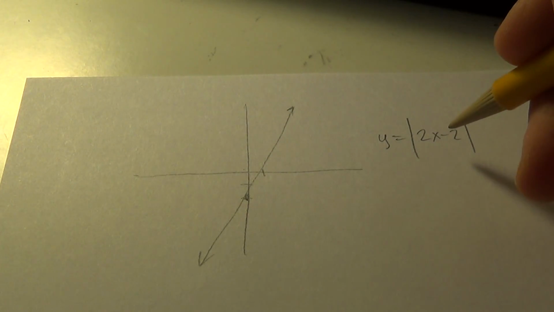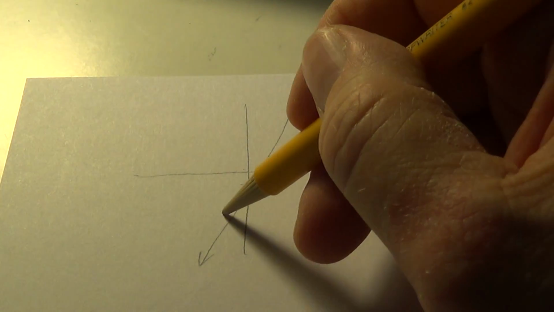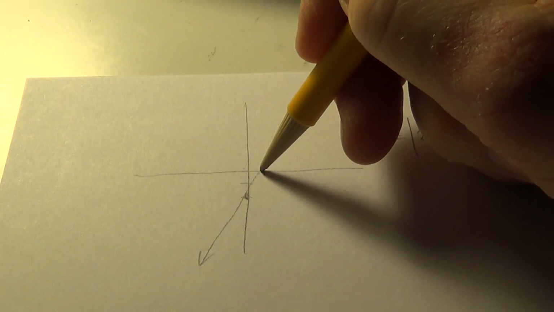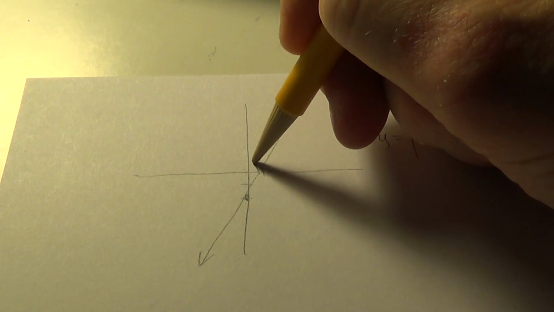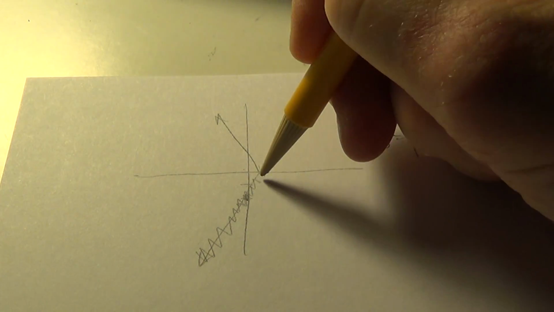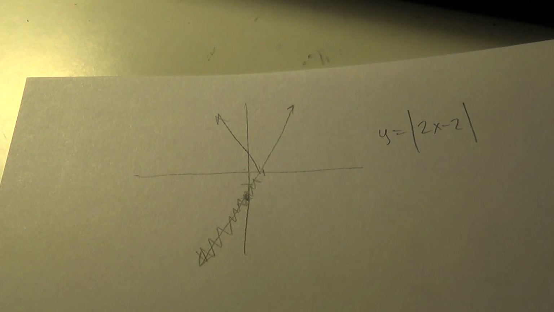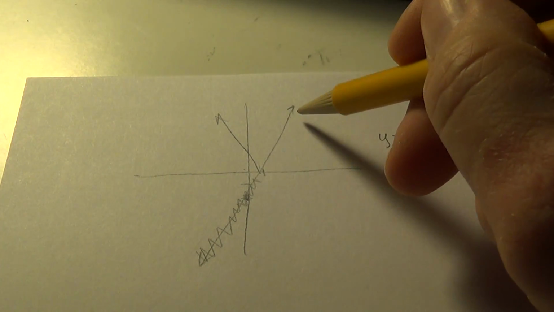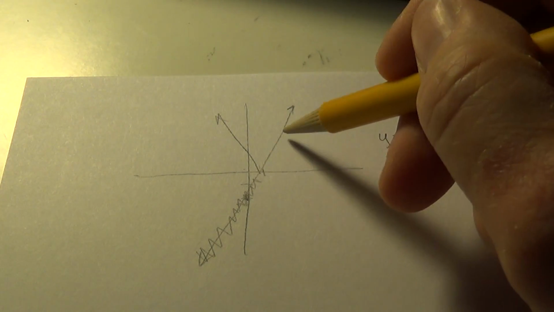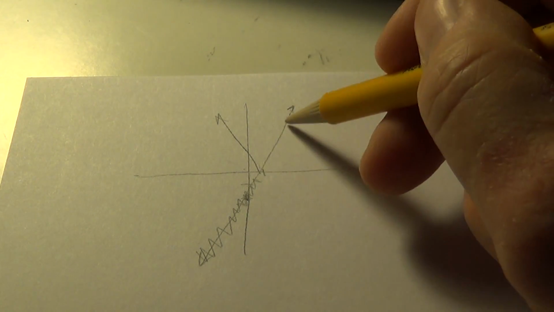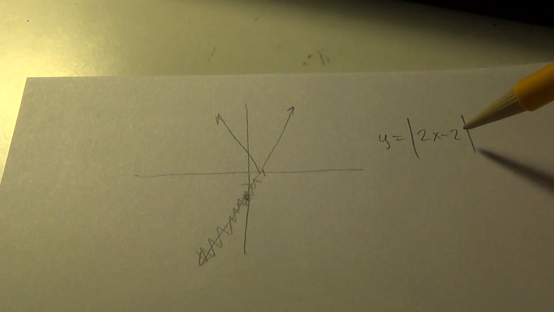Well, absolute value is always positive, so what happens to all these negative values? They flip up, so this reflects across the x-axis, and this part goes up here. So that one's no longer there. It's been reflected across the x-axis. And notice the absolute value function has a positive part when f of x, the y values, are positive. The derivative is just the same as it is of 2x minus 2.